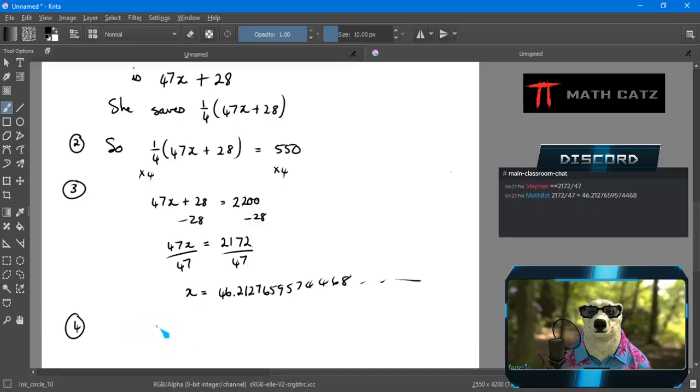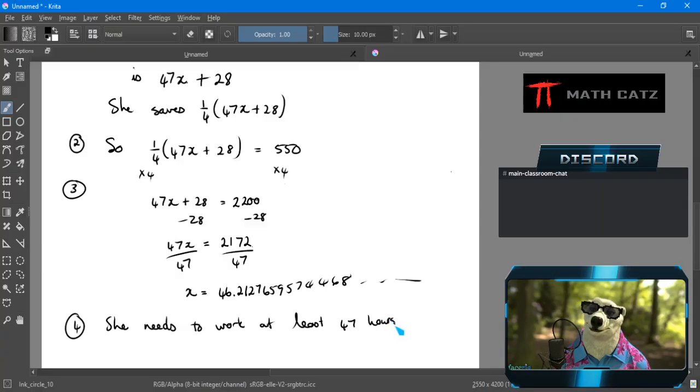You can argue that maybe she only works whole hours, then 46 is not going to be enough. If we make that assumption, totally fine. She needs to work at least 47 hours. And in this case, connecting it to what we said yesterday, it makes sense. It's even more than rounding, taking in practical considerations.